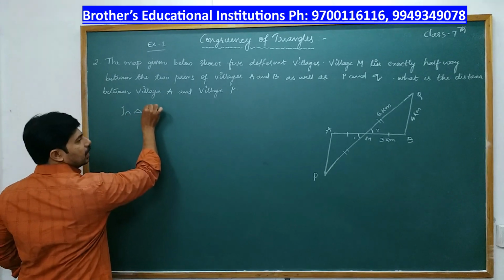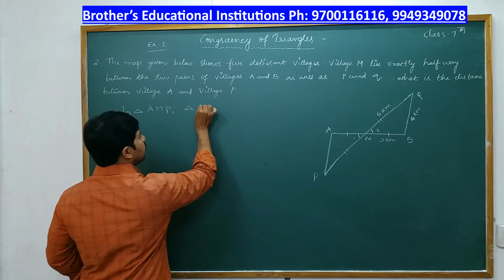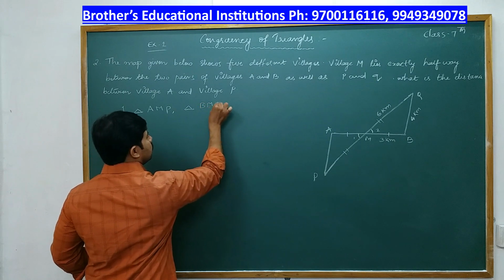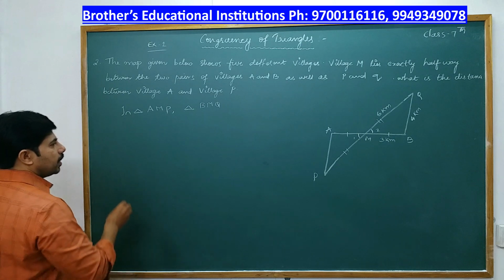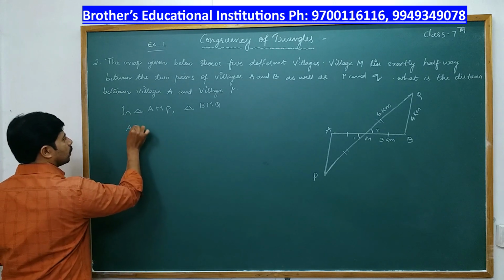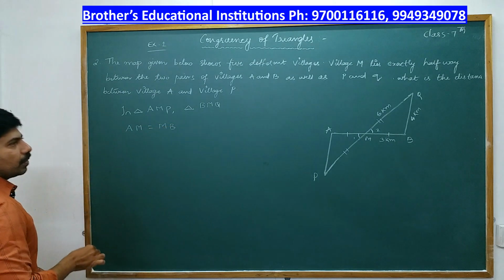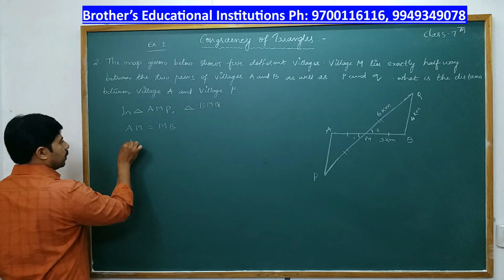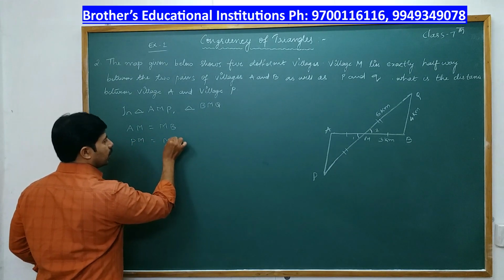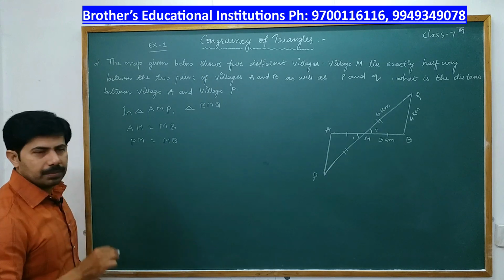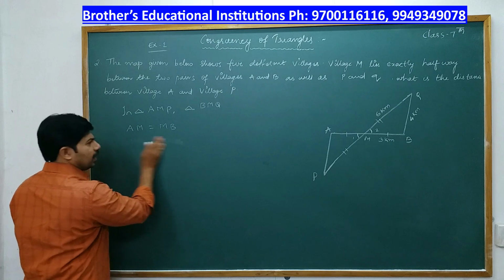In triangle AMP and triangle BMQ, in these two triangles we get AM is equal to MB, then PM is equal to MQ, and the included angle, sorry, first I'll write the included angle, then the side.